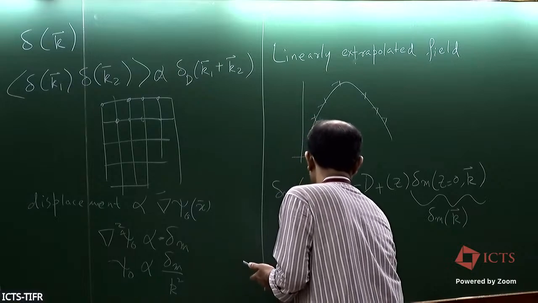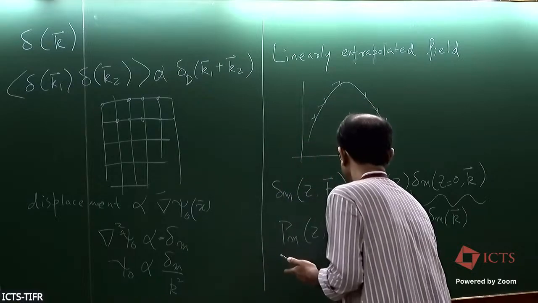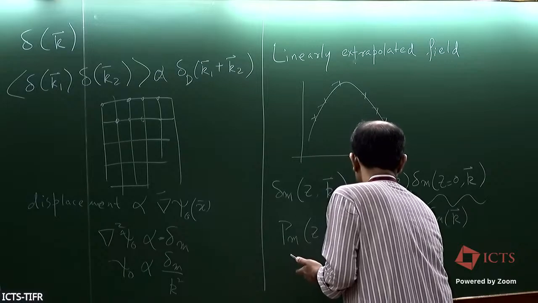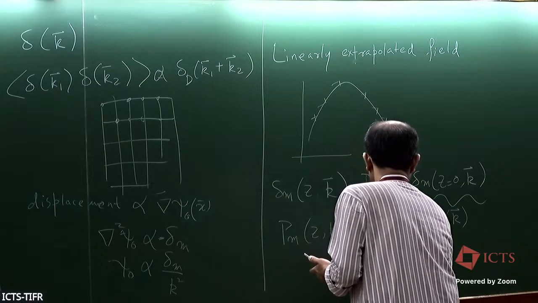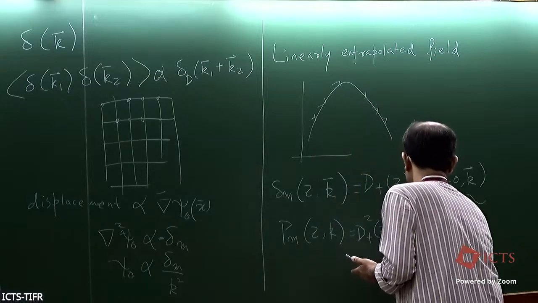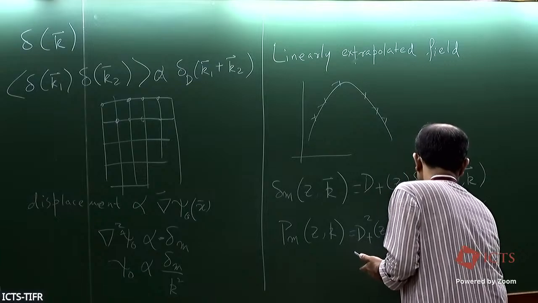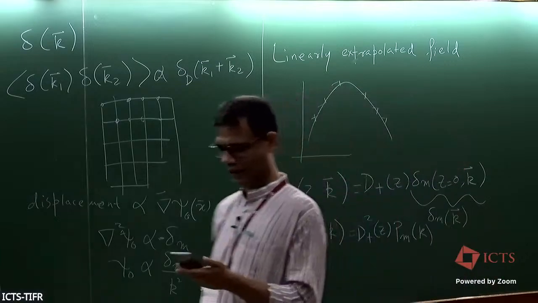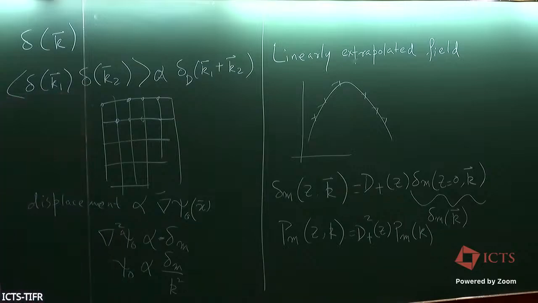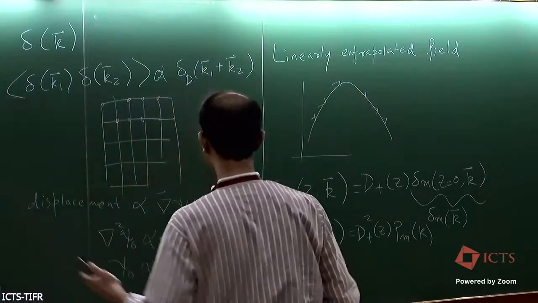And then the power spectrum at z, k is nothing but D plus squared of z times the power spectrum of k. This is also at redshift equal to 0. And you can do this for all the quantities of interest.